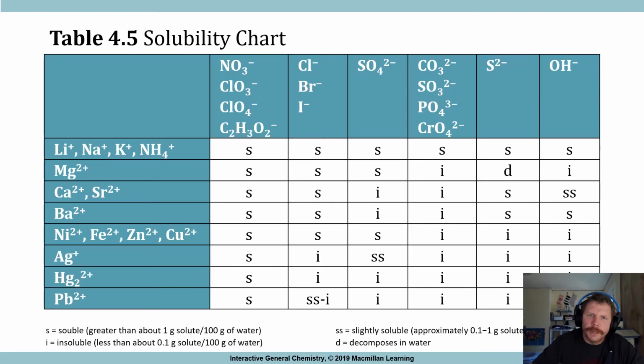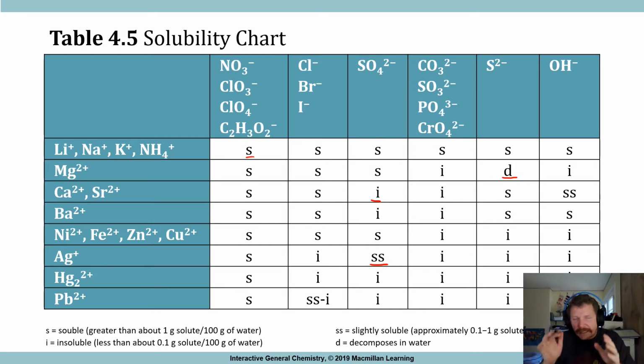Okay, here it is. We've got a key here, and within this white area, we've got S indicating soluble, I indicating insoluble, SS indicating slightly soluble, and lowercase d indicating decomposes in water. Interesting. Okay, so this right here is a huge amount of information.